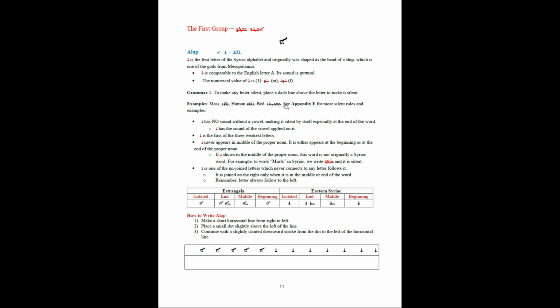More examples, like when we say Raza, do you see here Alap at the beginning has no vowel so it is silent, and it has a line above it. Raza means mystery, human is nasha, and bed should be tishwitha, but we don't say tishwitha because we silence the tau at the beginning, so it's going to be shwitha.